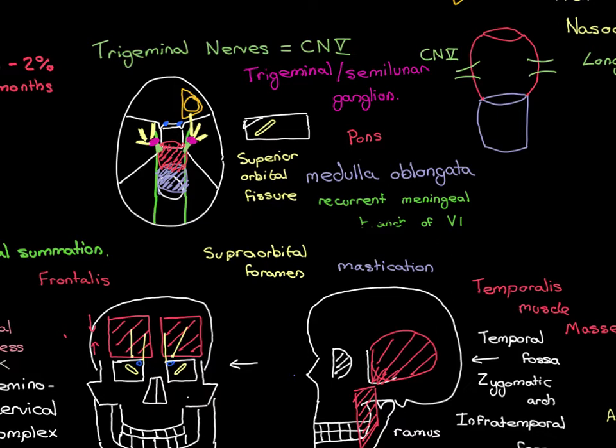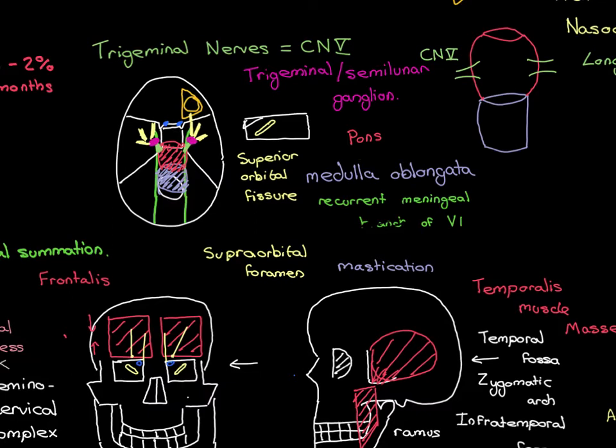And indeed, referred pain is a very important concept when we're talking about meningeal nociceptors, and I'll come back to that later. So it is significant that the back of the brain, the occipital region of the cerebral hemispheres, the meninges lining those, are going to be innervated by this recurrent branch from the ophthalmic nerve. And indeed, also the tentorium cerebelli is innervated with nociceptors from that recurrent branch of the ophthalmic nerve.